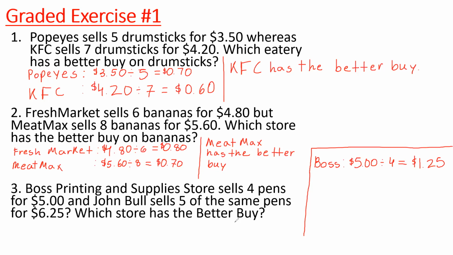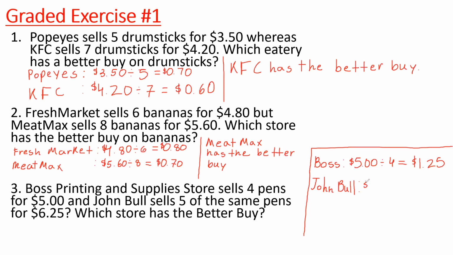Go ahead, Mila. After I calculated Boss Printing and Supply Store, I had to move on to John Bull and calculate how much they sell 1 pen for, which I got $1.50. How did you get $1.50?